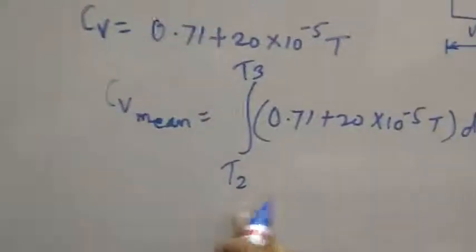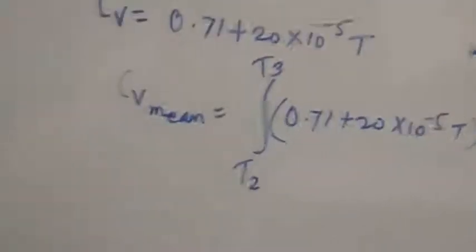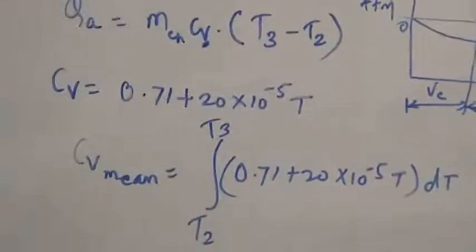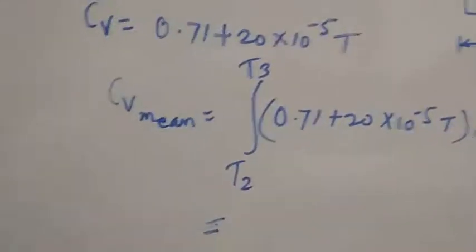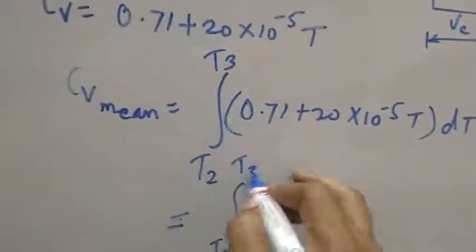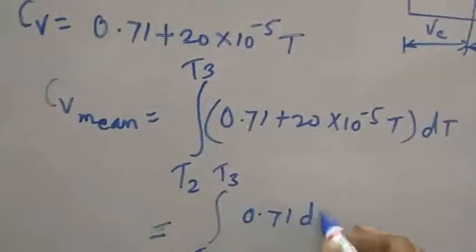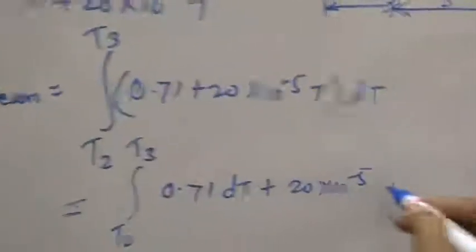So this is how I'll be finding the CV value. Now can you tell me what will be the equation then? What will be the integration over here of this particular equation? That is, from T2 to T3, 0.71 dT plus 20 into 10 raised to minus 5 T dT.